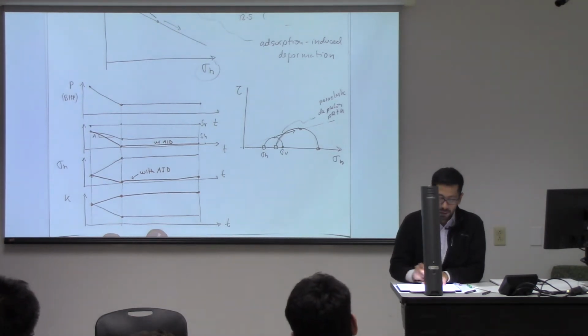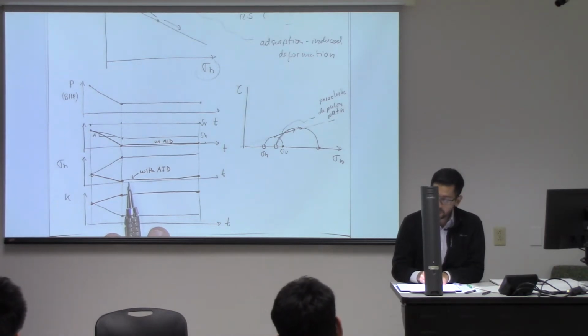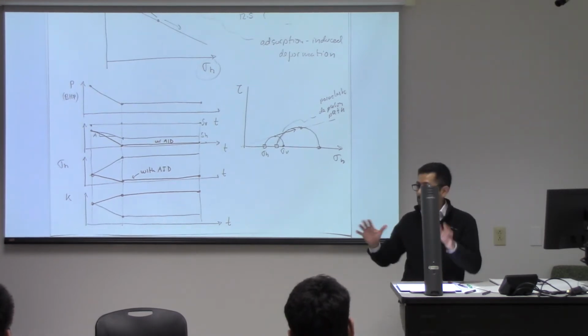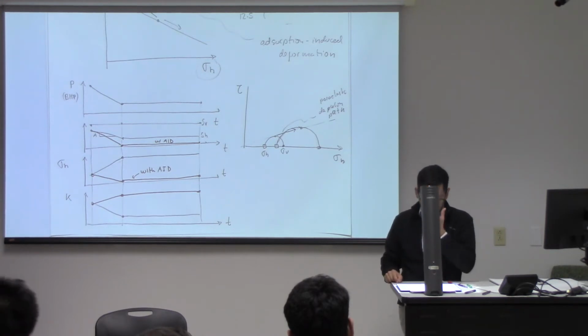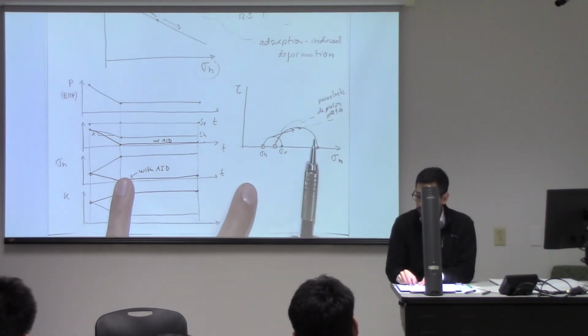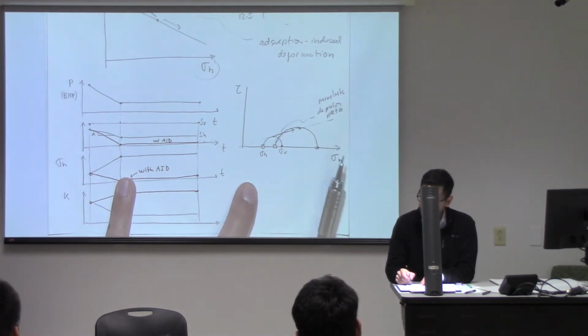Well, with this phenomenon of shrinkage and adsorption-induced deformation, what you would expect is that if we were to decouple these two phenomena, you're going to have the contribution of the depletion, the poroelastic contribution of depletion, moving the Mohr circle to the right.